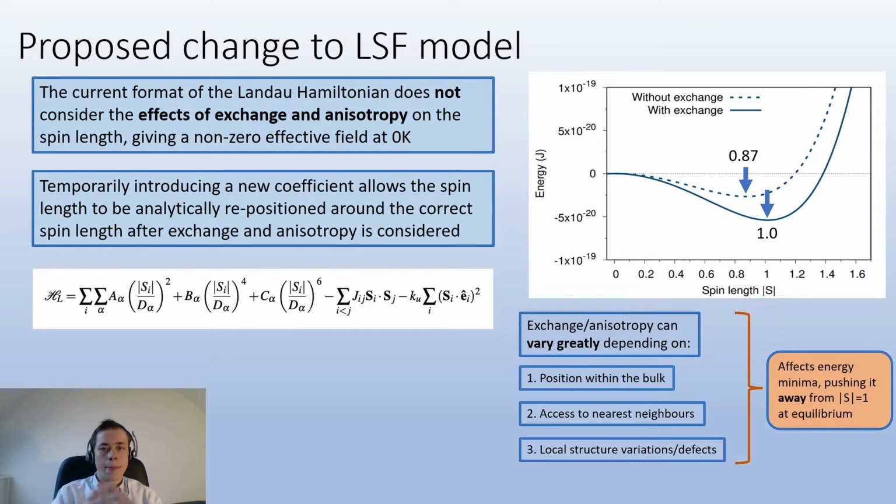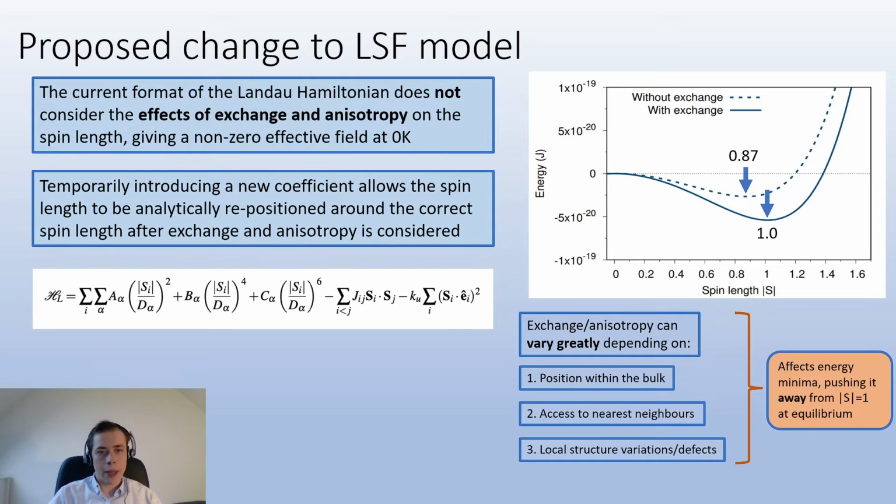There will be many instances, for example, where you will be given the Landau parameters, the A, B, and C coefficients, for a given system. And once you increase the size of the system, meaning that you have larger exchange contributions, your new spin length minima with the exchange contributions may not line up to be exactly 1 anymore, because it's now a different amount of exchange contribution than when you first parametrized your system.